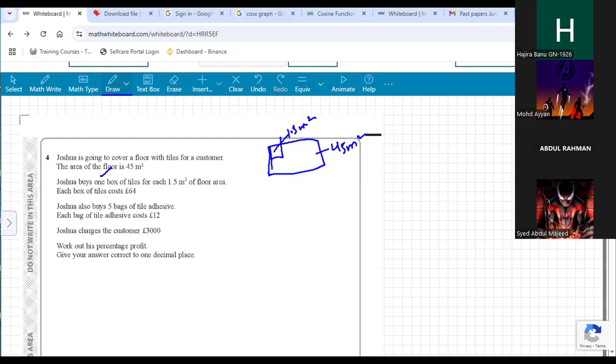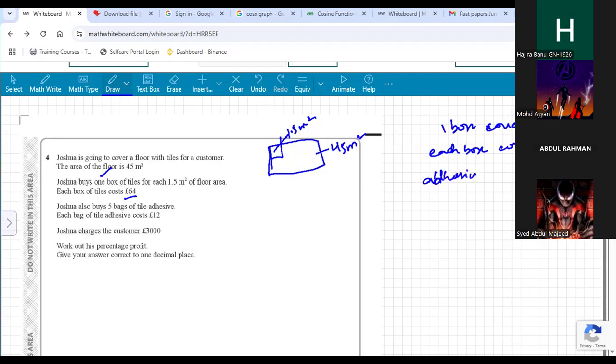One box covers 1.5 meters square. Now, each box costs 64 euros. Joshua also buys, apart from tiles, adhesive also.